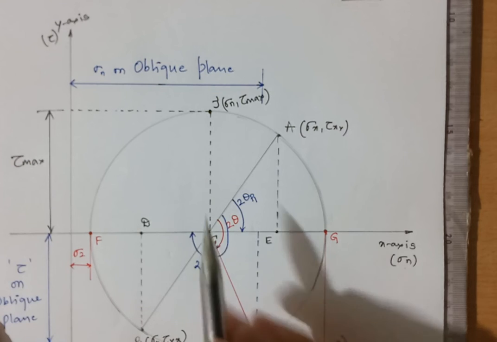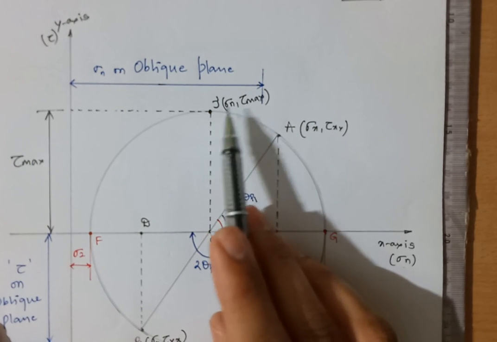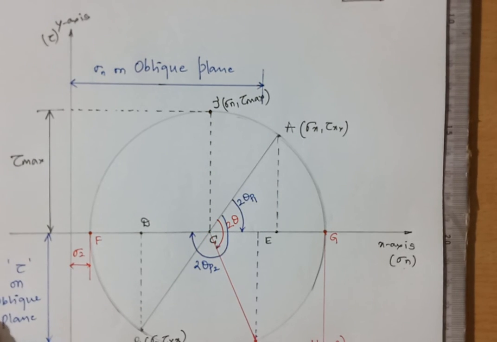That is, J represents a plane on which you have maximum shear stress.